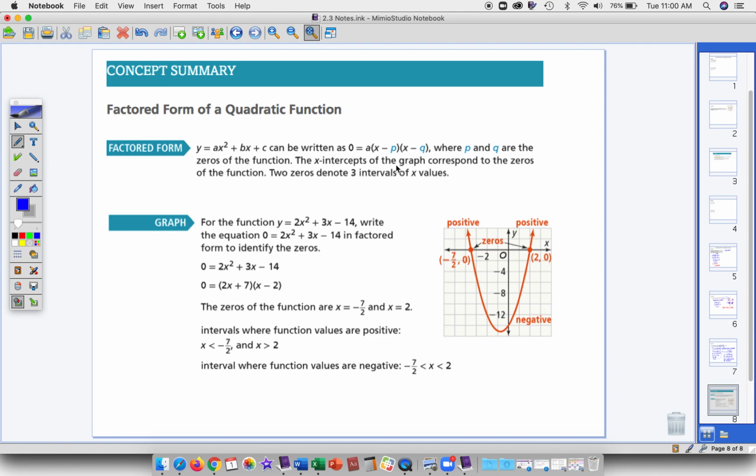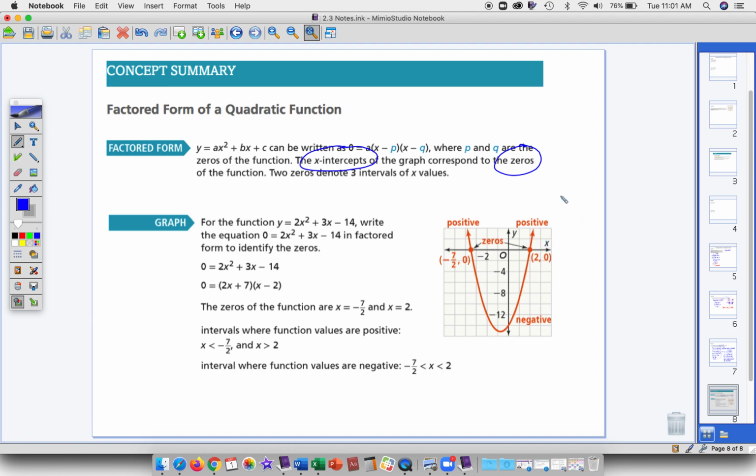The x-intercepts of the graph correspond to the zeros, so remember, same name. We can call them zeros, we can call them x-intercepts, we can call them solutions. Okay, the two zeros denote 3 intervals of x values, so by that they mean the interval where it's positive, the interval where it's negative, and then the interval again where it's positive.